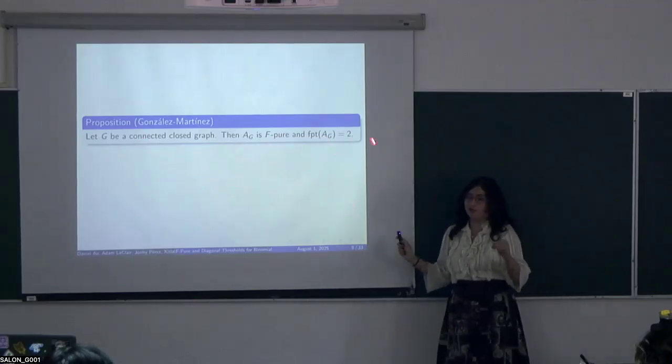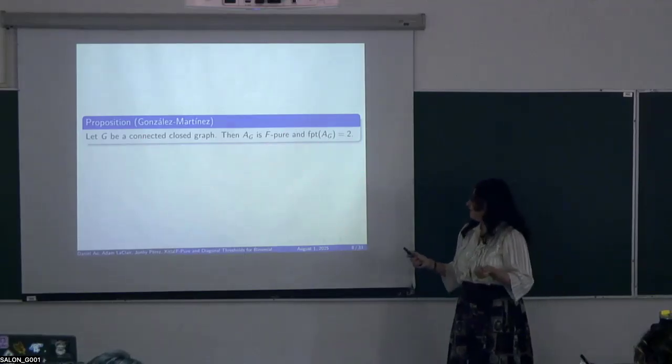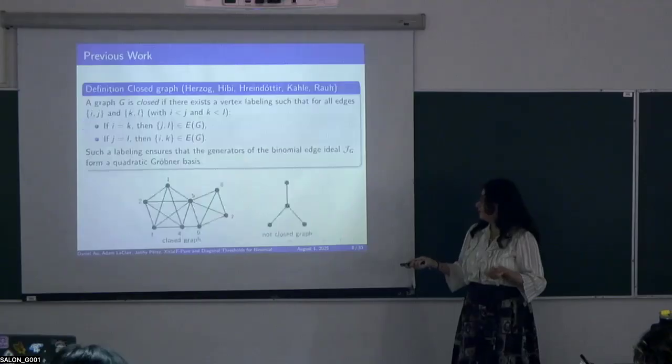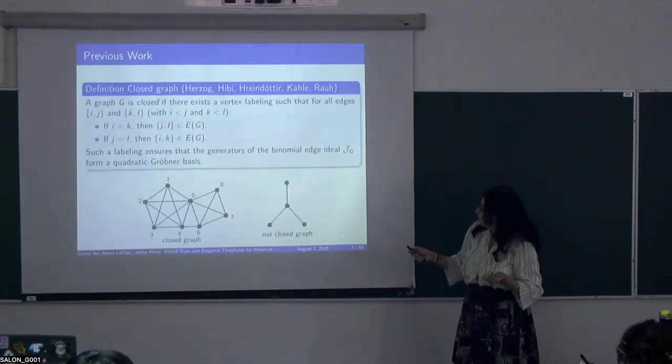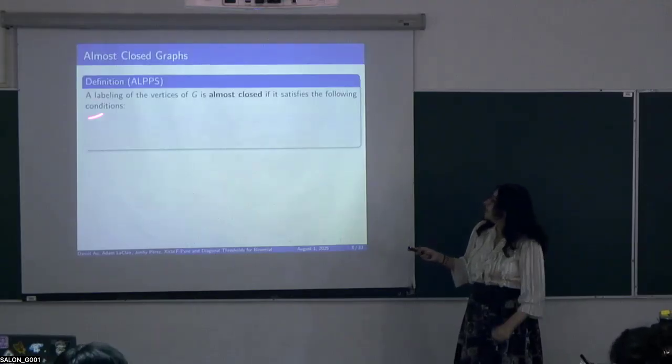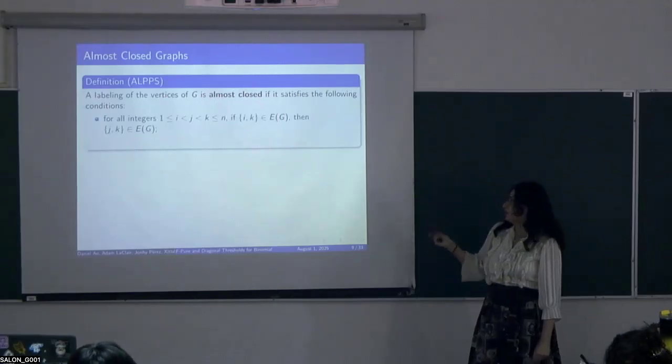We want to extend the result, and we did it for the following family of graphs. These graphs are the almost closed graphs, and they satisfy two conditions.